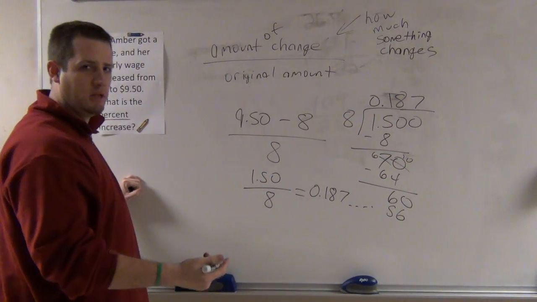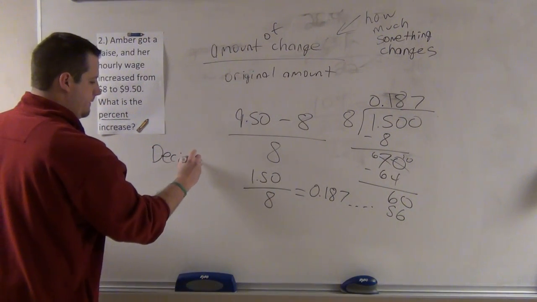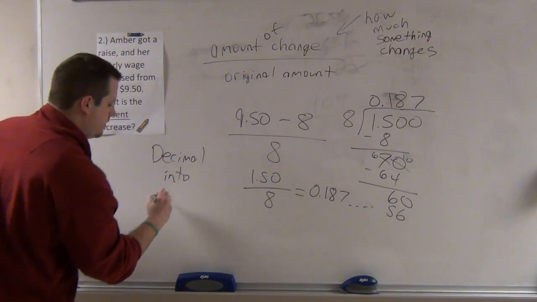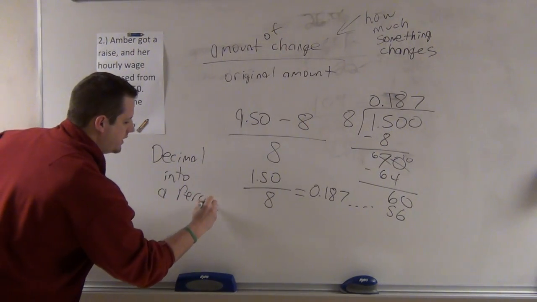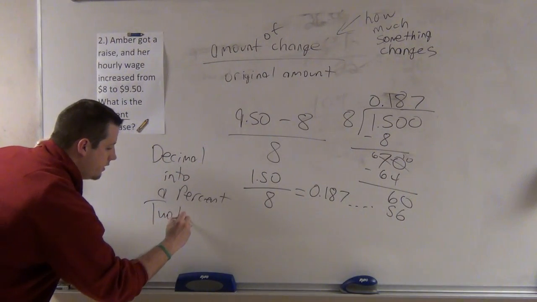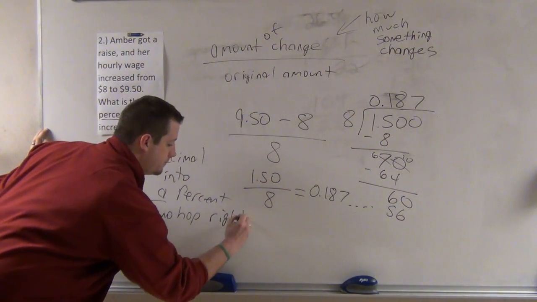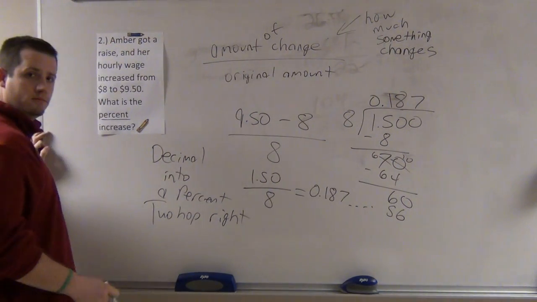Well, how do I make a decimal into a percent? A decimal into a percent. 2 hops right. 2 hops right.